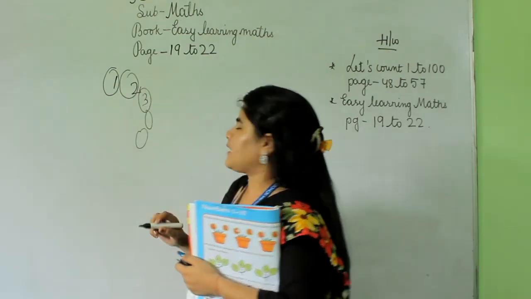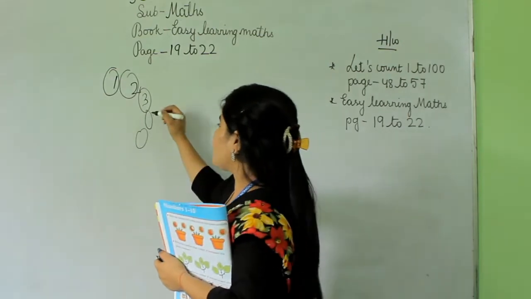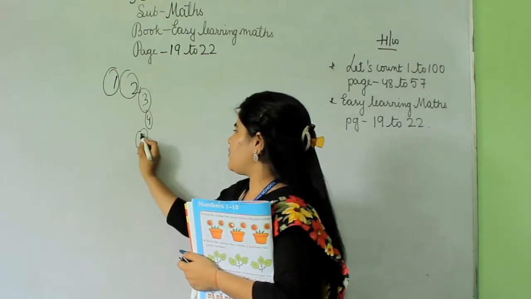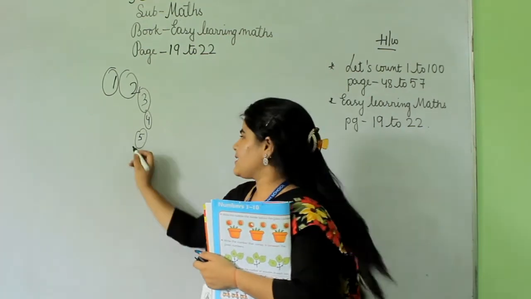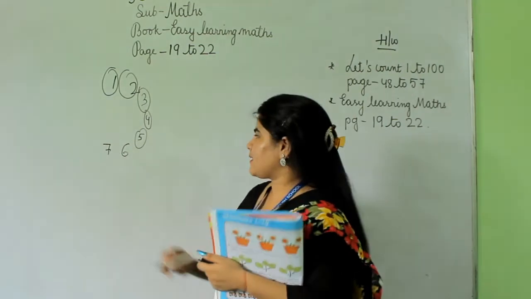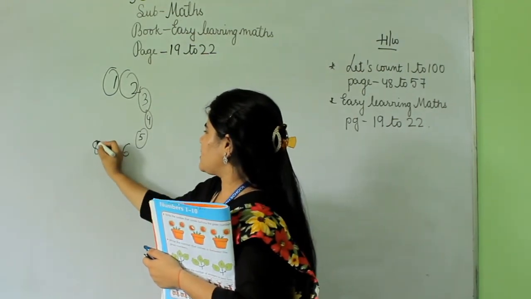Then 3. Then what comes after 3? It's 4. Then what comes after 4? It's 5. Then 6. Then 7. Then 8.